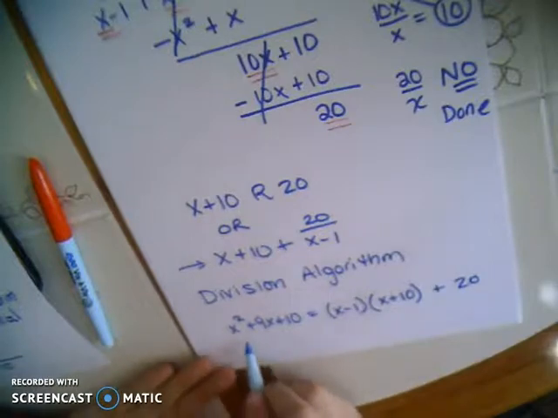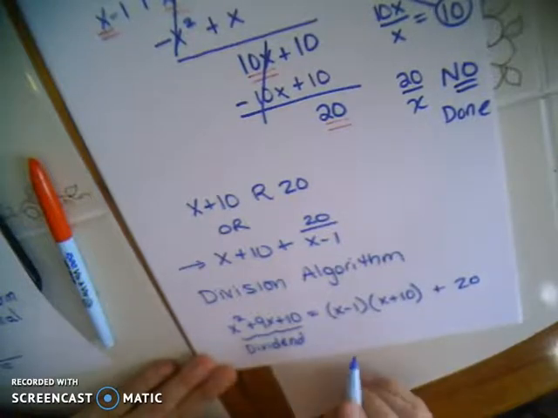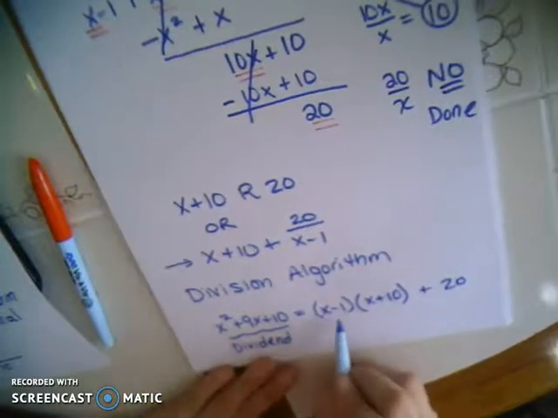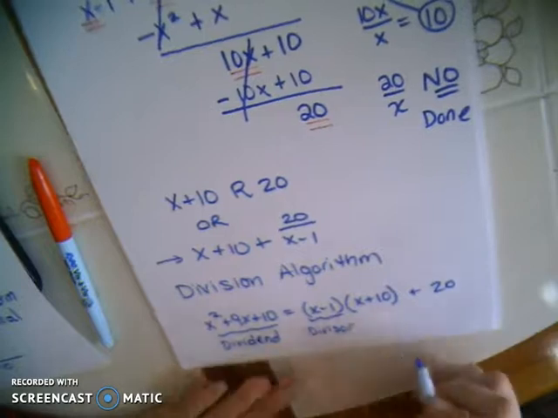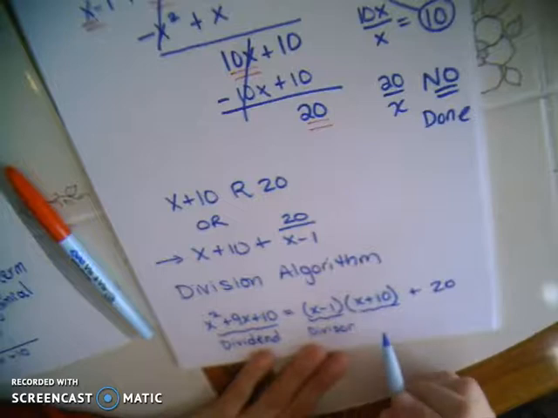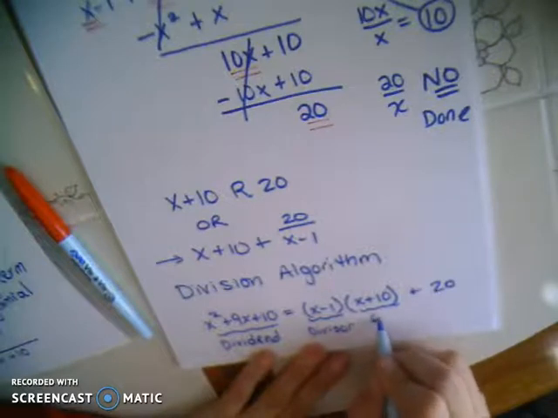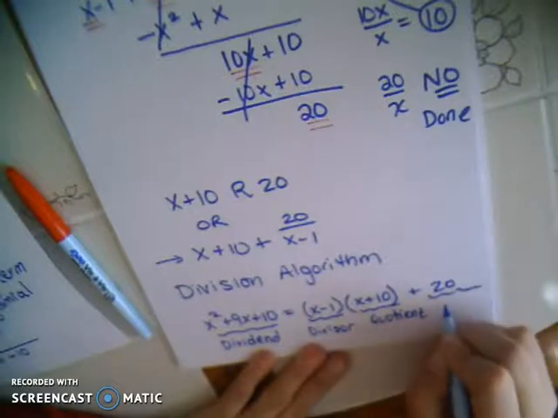So this is called our dividend, and it was the stuff inside. This is called the divisor. It's what we're dividing by. The answer, at least the part of the answer that worked out nicely, was called the quotient. And then we've got this remainder.